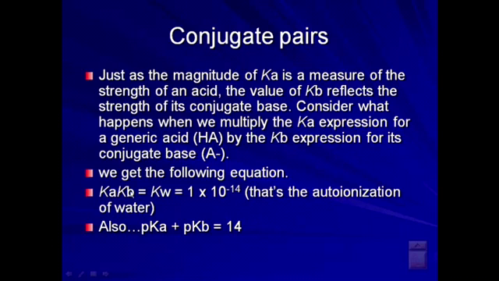Ka times Kb is equal to the equilibrium expression for water. You guys remember the self-ionization of water. So remember, we compare everything to water, right? Ka times Kb will give you 1 times 10 to the negative 14th. By the way, that's the auto-ionization of water. So pKa plus pKb, by the way, will give you a very famous number, 14.